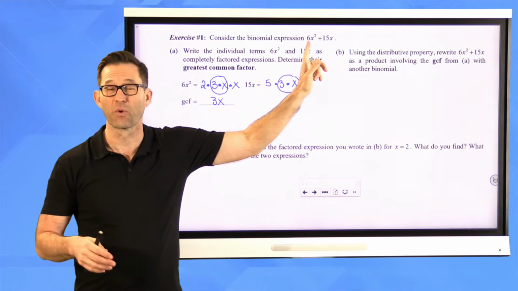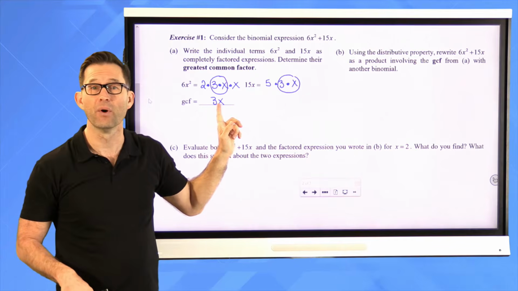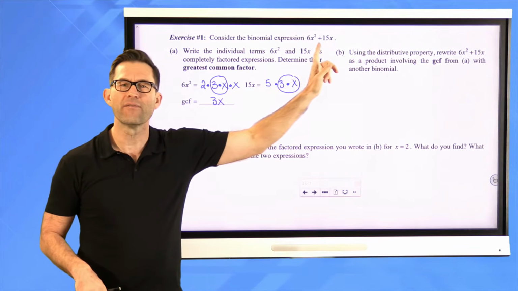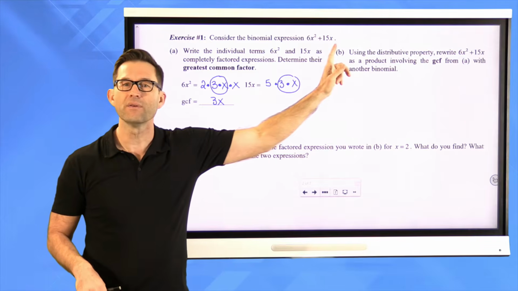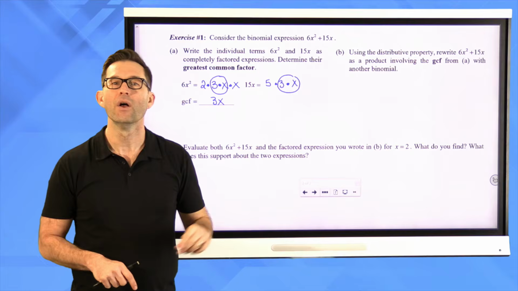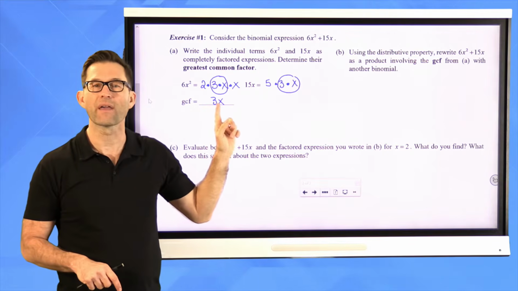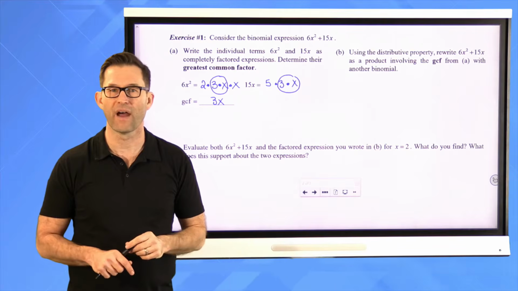Divides into is another word for factor. It's the number 3, the biggest number that goes into both of them. And then I think about the variables. Here I have an x squared, and here I have an x to the first. There is literally an x to the first that sits within an x squared, so that is also a common factor. So 3 times x is the greatest common factor.